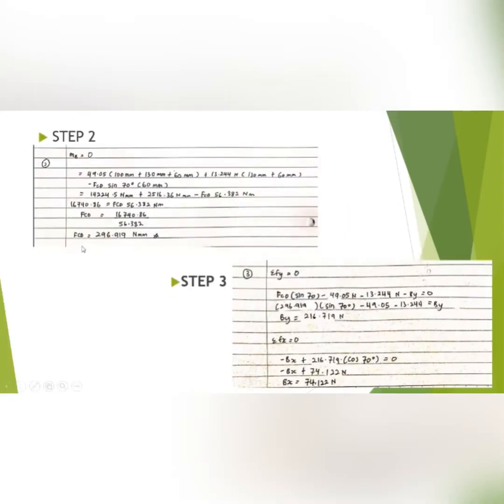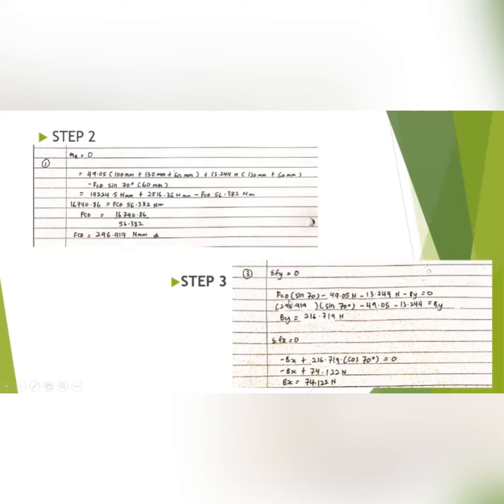Then we got the final answer for FCD, 296.919 Newton mm.